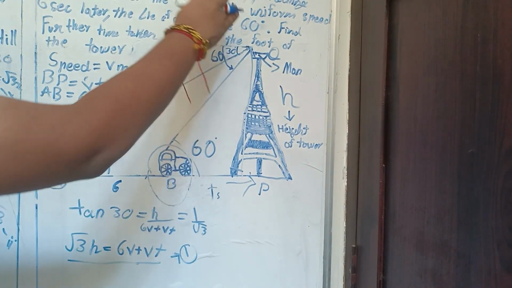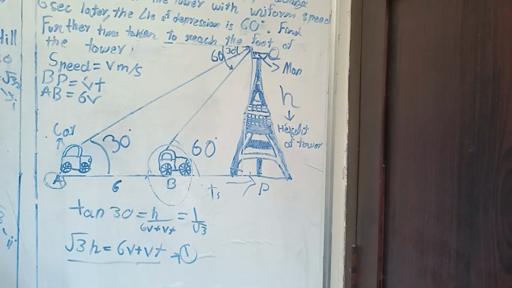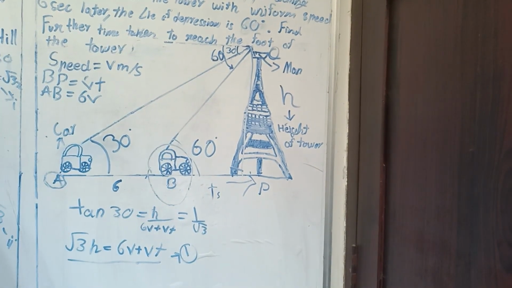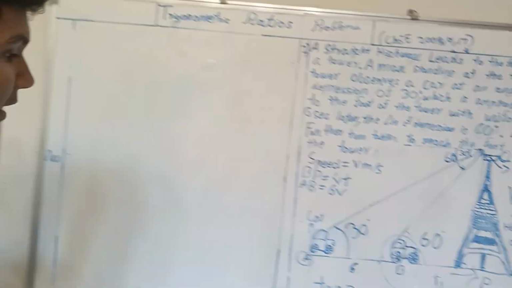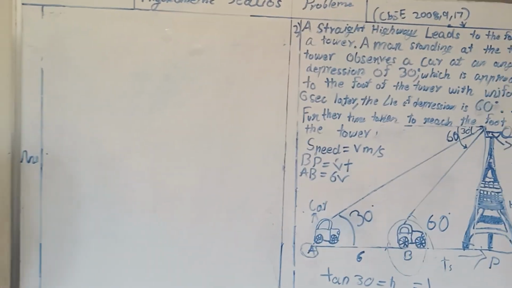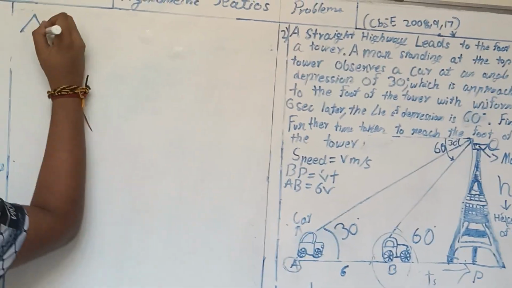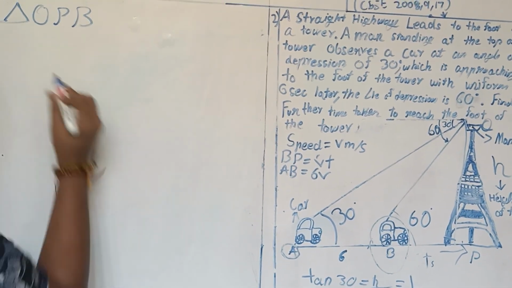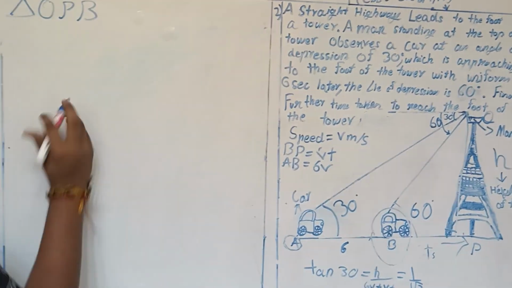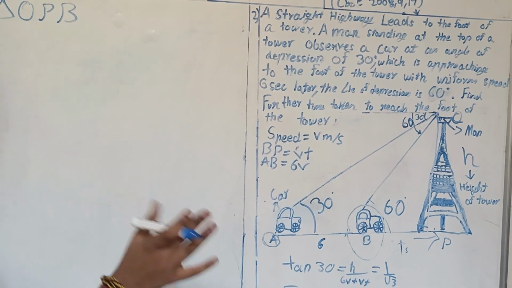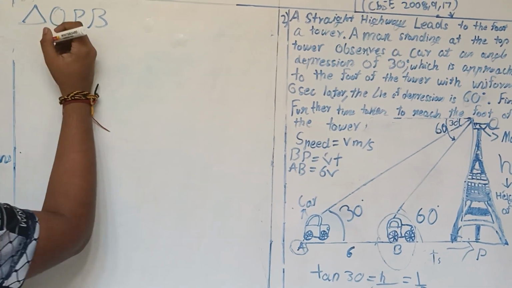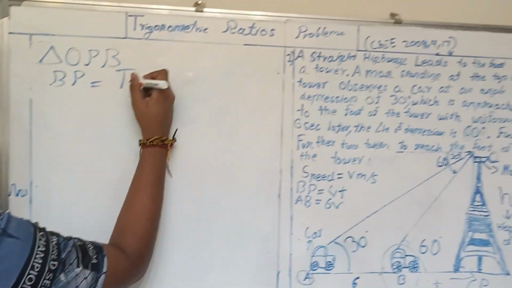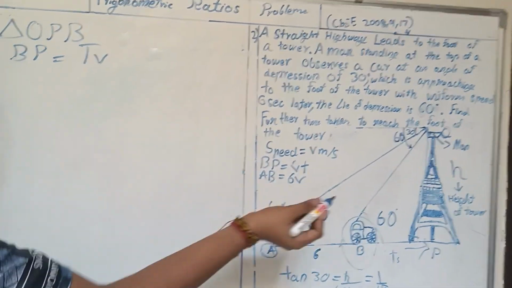So we will be taking QPB. Now for the second equation, we will be taking triangle QPB. We are taking this side, so BP, what we got was Vt, right? So BP is Vt, and the height is h.